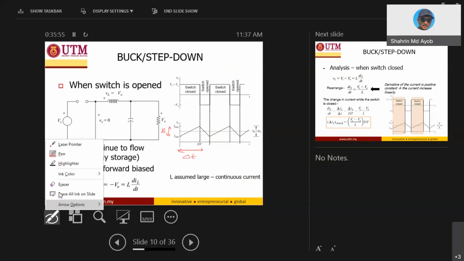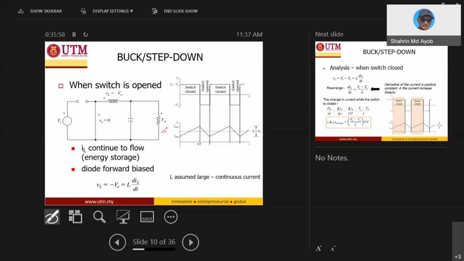Change of IL over change of time. So actually your delta IL is I max minus I min. So right now you can see that your delta T is actually dt. So what is dt?